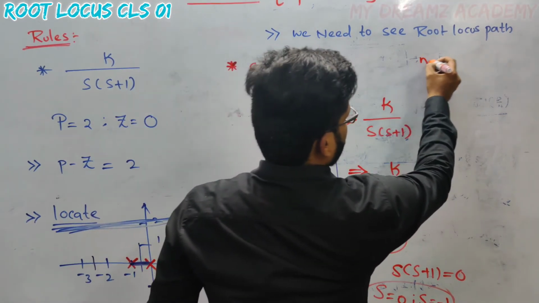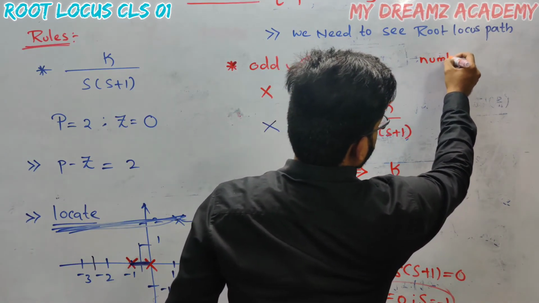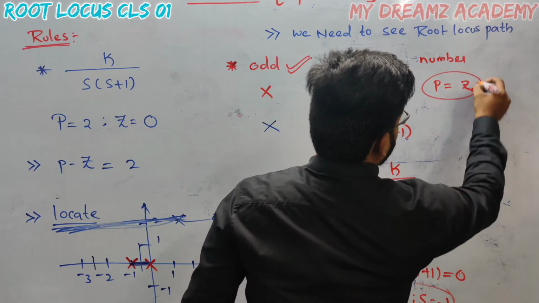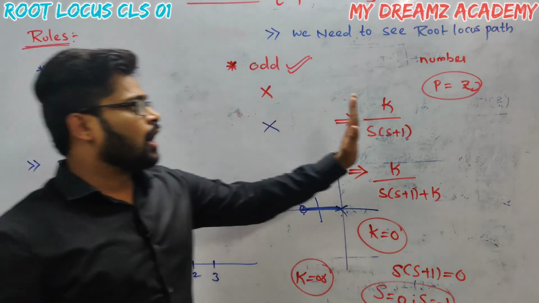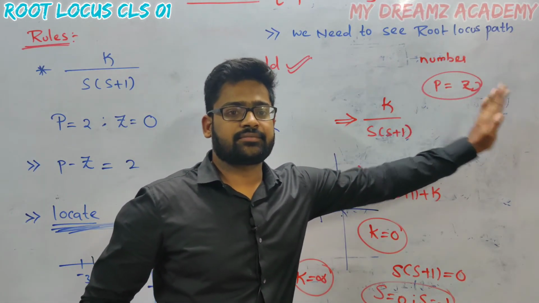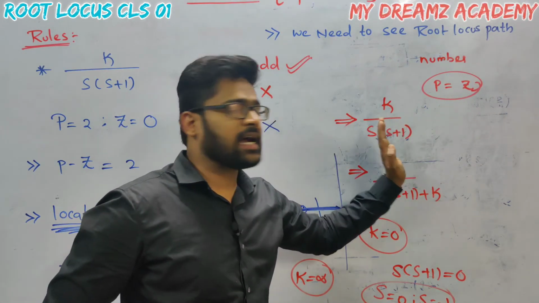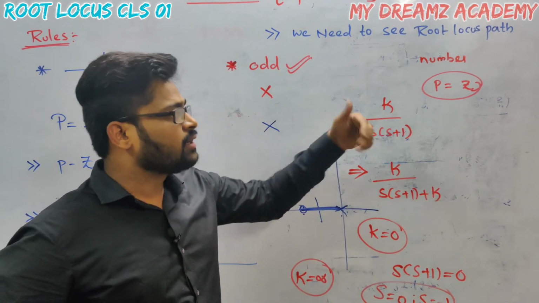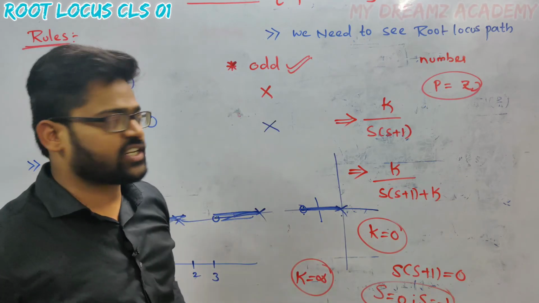Let us consider one example. If the number of poles is equal to the number of zeros, then all poles start from poles and terminate at their corresponding zeros. It depends upon other conditions that we'll see in the next lecture.